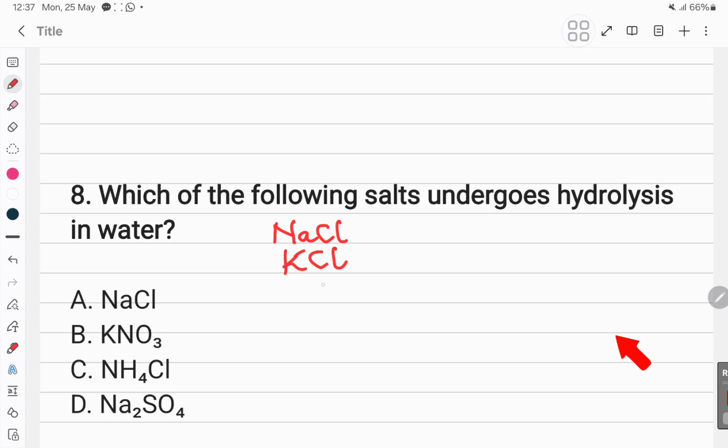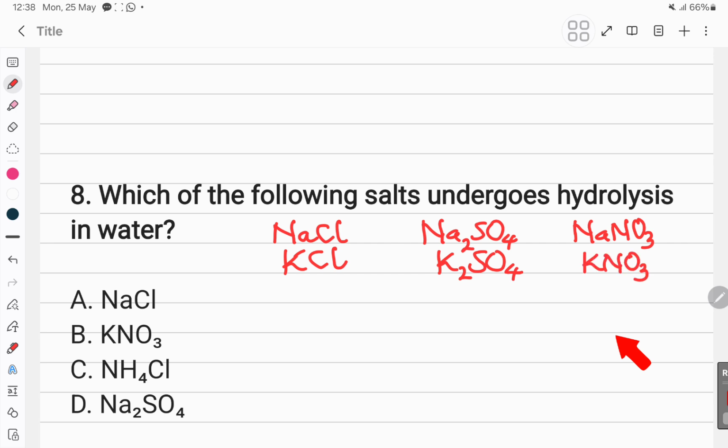We also have sodium tetraoxosulfate(VI), or simply put sodium sulfate, and potassium tetraoxosulfate(VI), or potassium sulfate. These are the salts of tetraoxosulfate(VI) acid, H2SO4. Then we have sodium trioxonitrate(V), that's sodium nitrate, and potassium trioxonitrate(V), potassium nitrate. These salts are produced from the reaction between the corresponding strong acid and strong base.